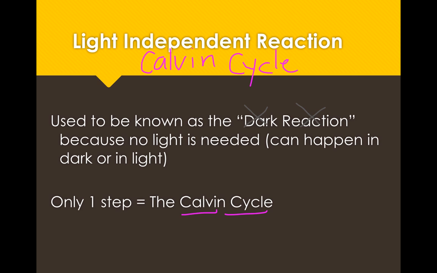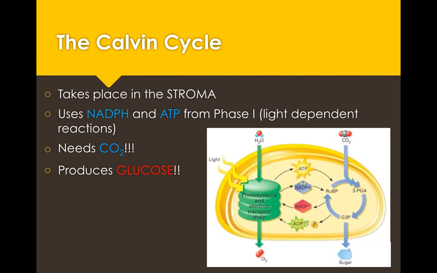This is the second phase of photosynthesis. It takes place in the stroma, which is the space or fluid between the thylakoid membranes. It's that fluidy space.